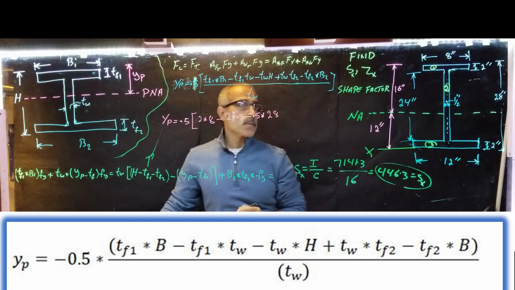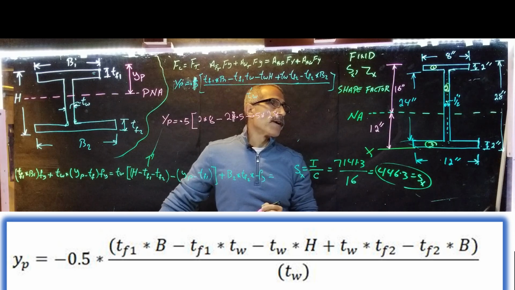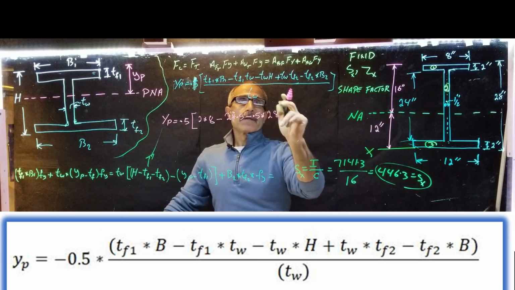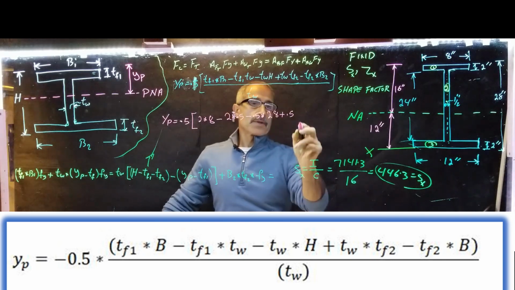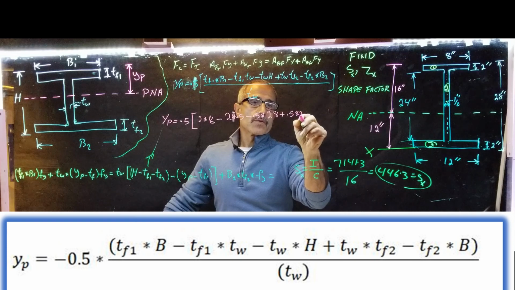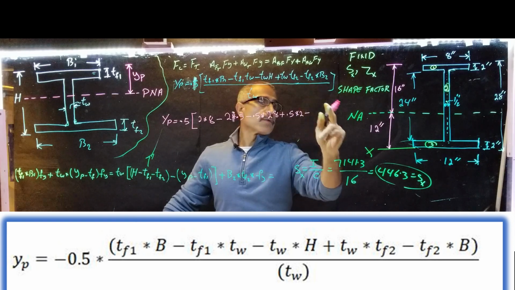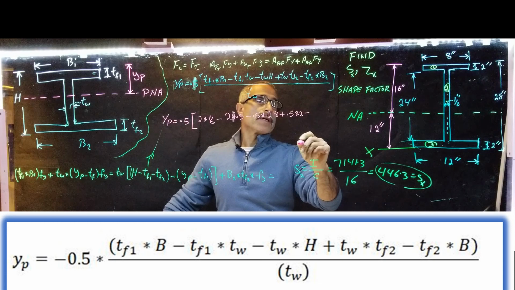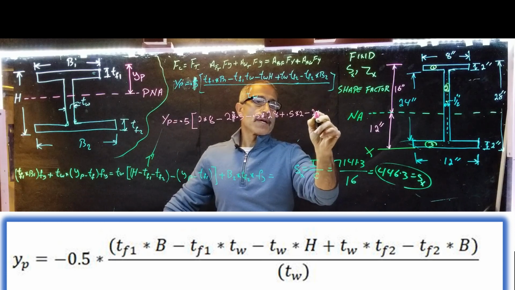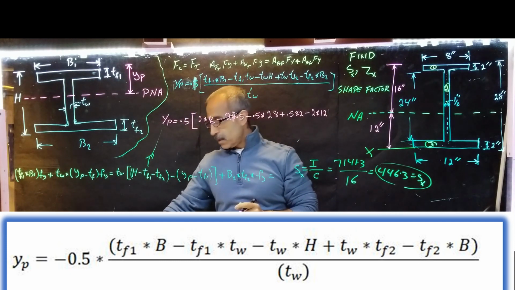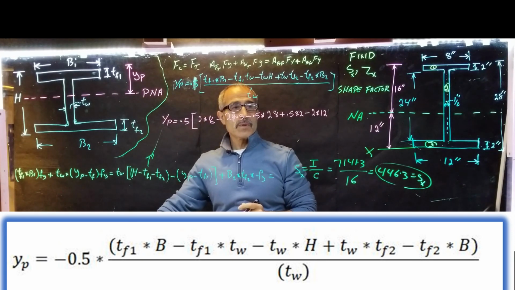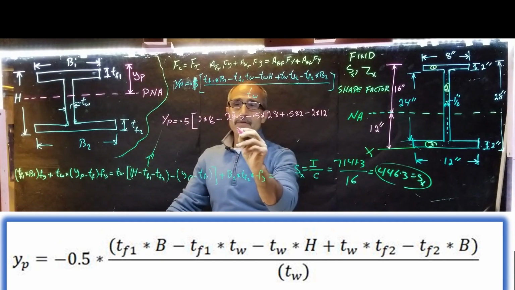And then I have plus TW, 0.5, times TF2, which is 2 inches, and minus TF2, which is 2, times B2, which is 12. 2 times 12. Did I miss anything? Let me see what I got. 2 by 8 minus 2 times 1/2 minus half times 28 plus 1/2 times 2 minus 2 times 12, divided by 0.5.